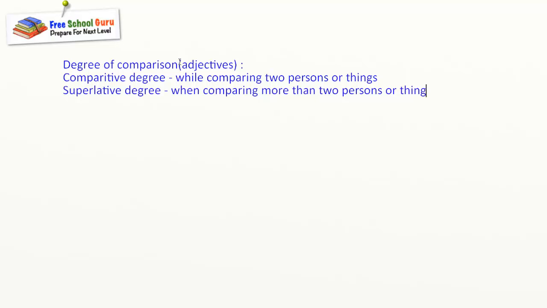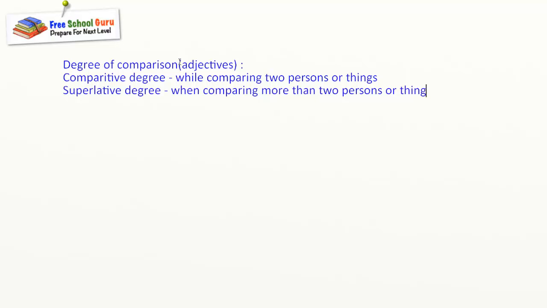So if I'm only using one noun, a person, place or thing, to compare with the rest of the available persons or things, and I'm telling one is the best, it's superlative degree.